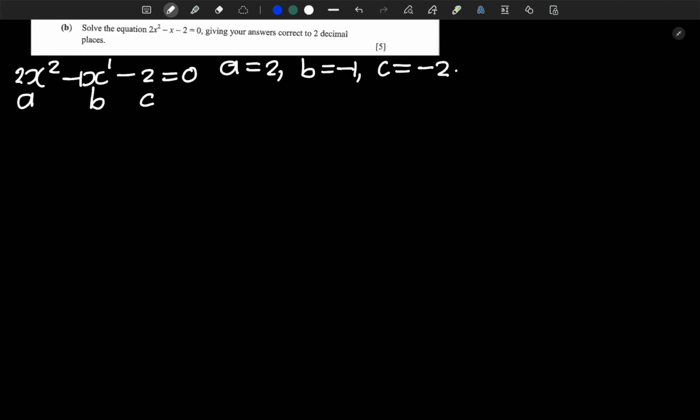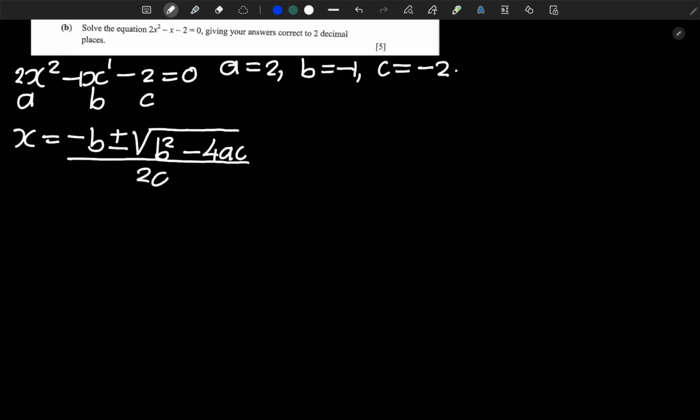We have to use the quadratic formula. So you say x is equal to minus b plus or minus the square root of b squared minus 4ac, everything divided by 2a.